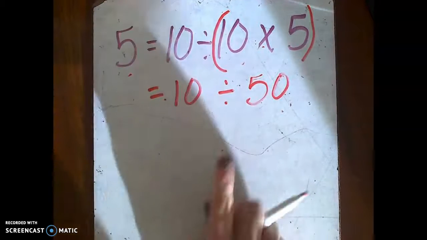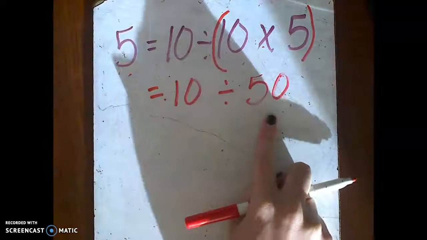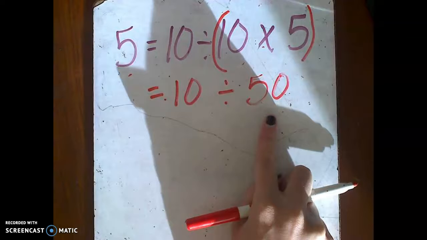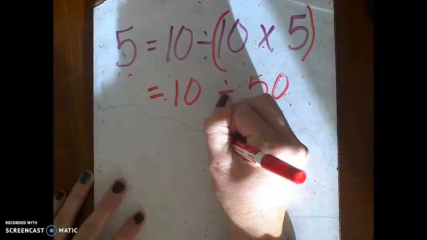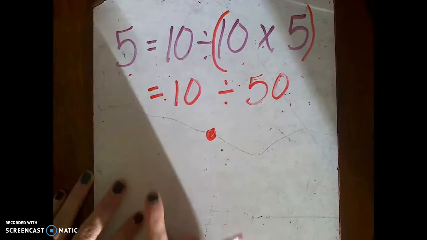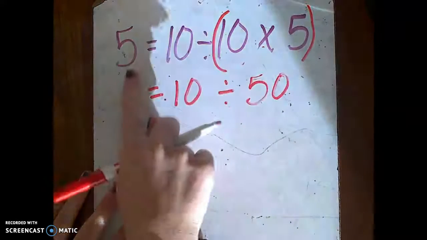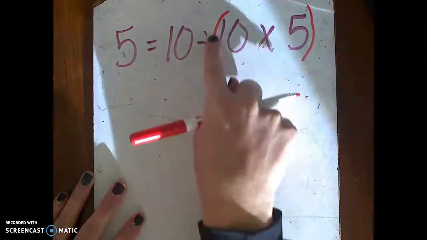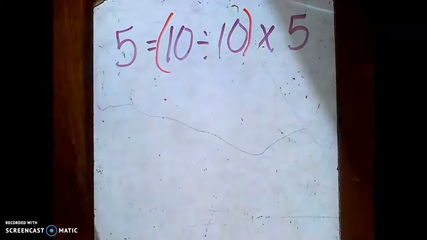If I have 10 cookies and I'm trying to split them by 50 people, is everybody going to have one whole cookie? No way! Each person is going to get like this big of a cookie piece. That's not very fun. I can't split 10 cookies by 50 people. Oh, no, no. So I know that that is definitely not my answer. My parentheses need to go around my tens.